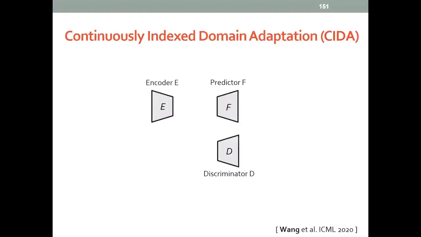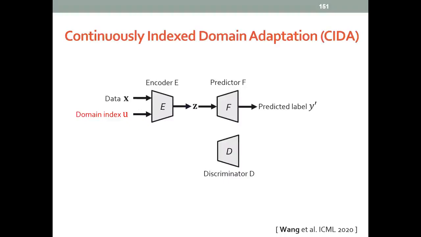Different from these categorical domain adaptation methods, in our proposed continuously indexed domain adaptation, or CIDA in short, we are taking both the data and the domain index as input and producing the embedding Z.